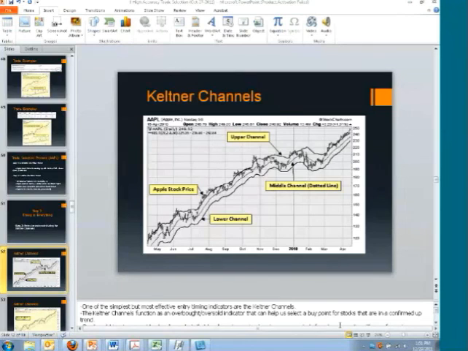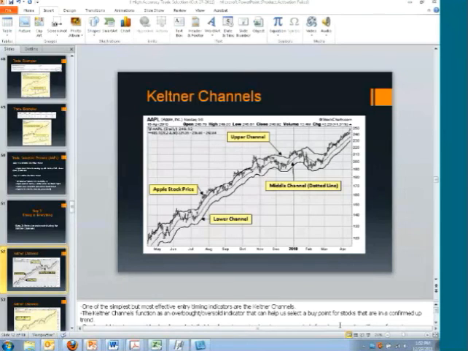We simply will exit a stock trade if the stock drops 10 to 15% below our entry price, and that prevents that small loss from developing into a large loss, which can really hurt your portfolio.